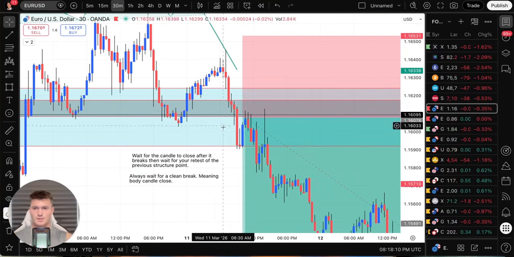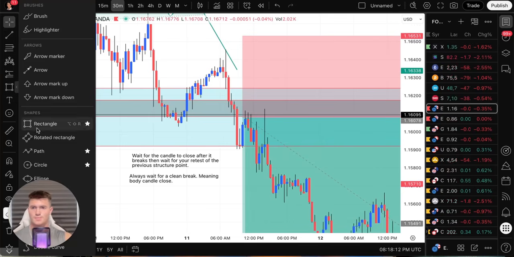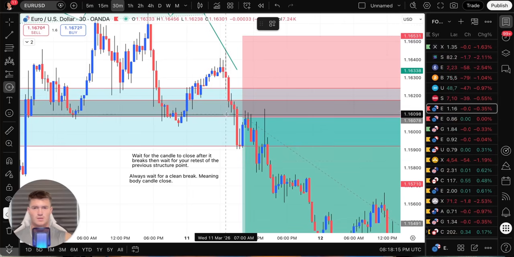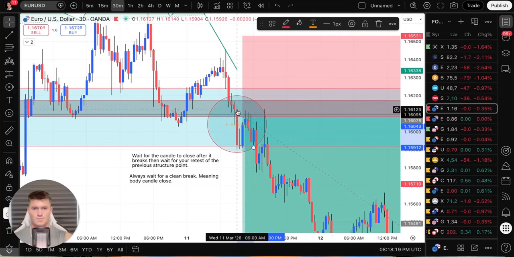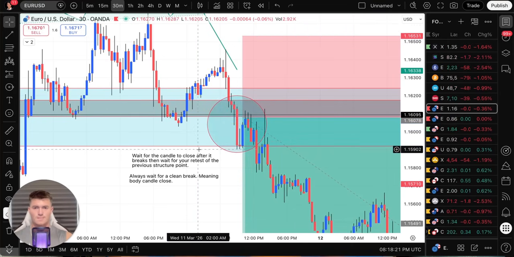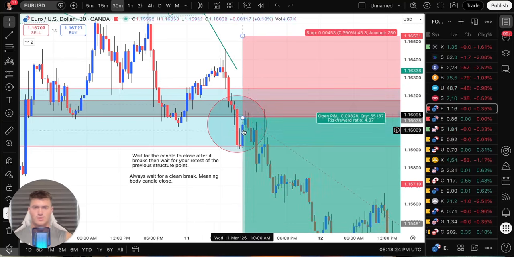So right here. Let me mark that right here. Here's our body candle close that we would have waited for. Right here. So that was our break, retest, sell.